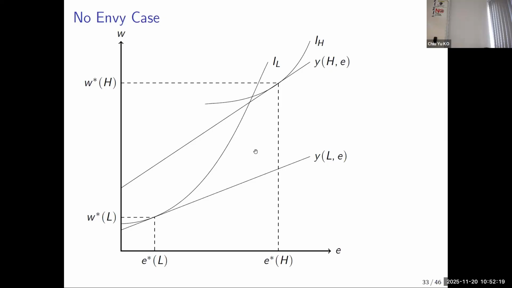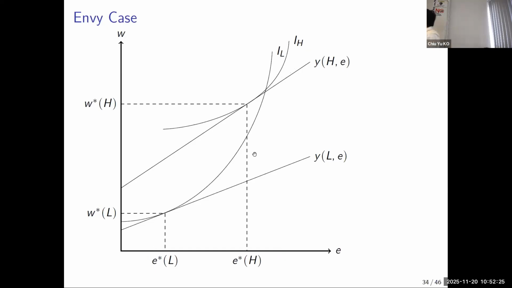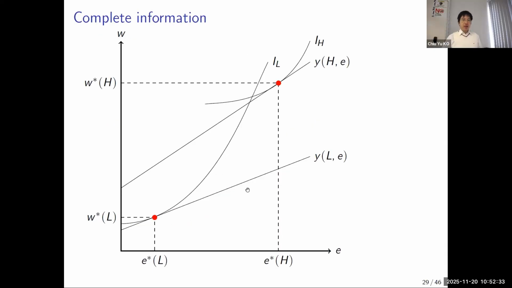So that means that the separating equilibrium is very simple. But for the envy case, the separating equilibrium can be difficult, so we have to figure out something else. But at the moment, let's look at the simplest model first.